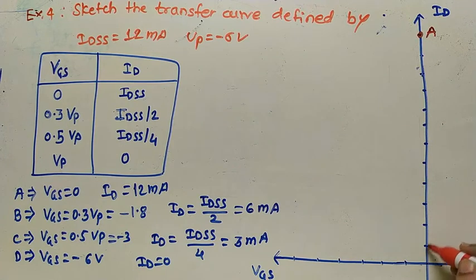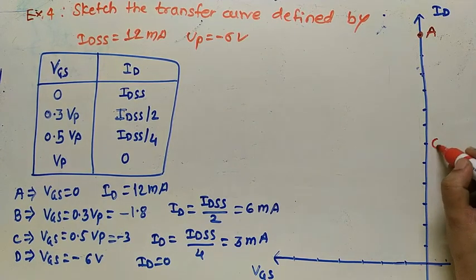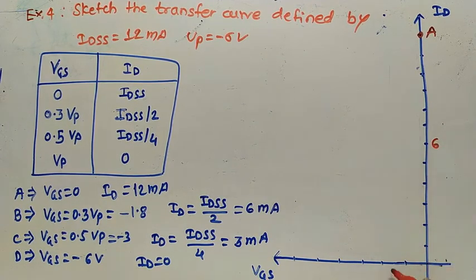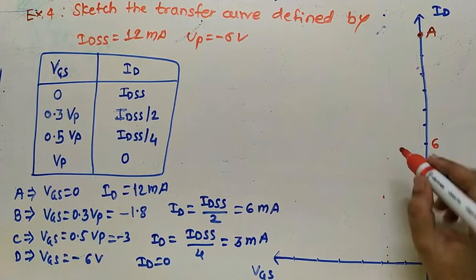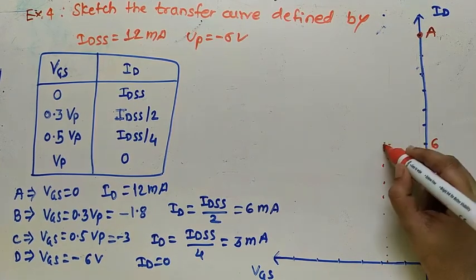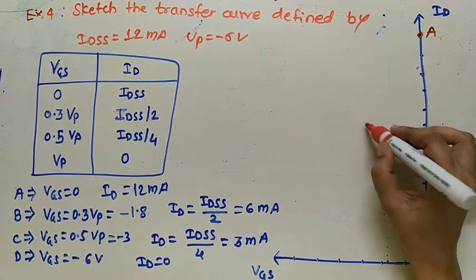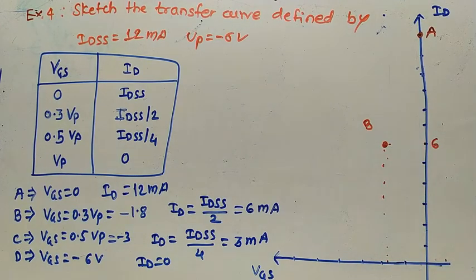So this is 6 milliampere, and minus 1.8 means nearly at this particular point. This is our point B. For point C, our VGS is equal to minus 3, so minus 1, minus 2, minus 3, and ID is 3 milliampere.